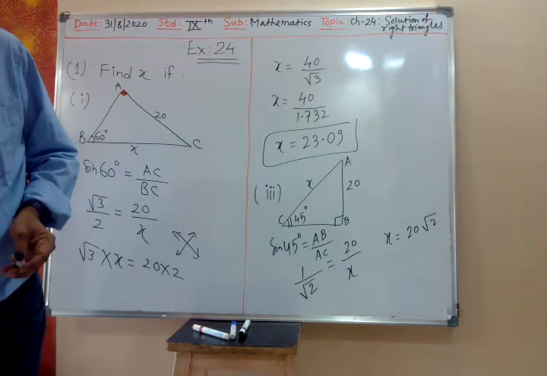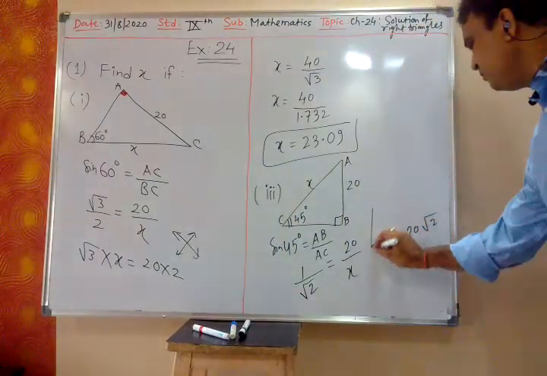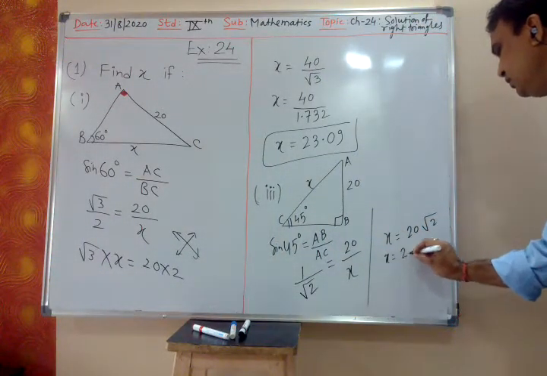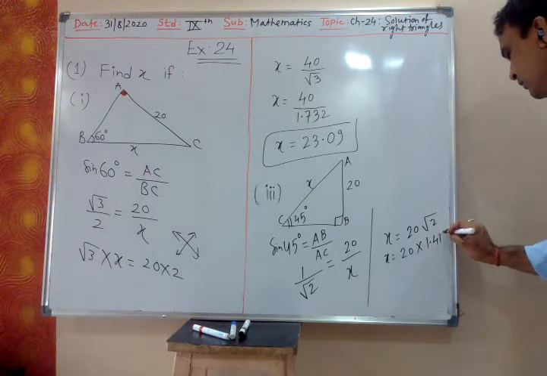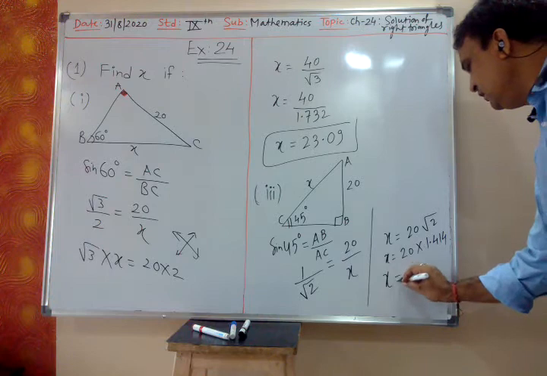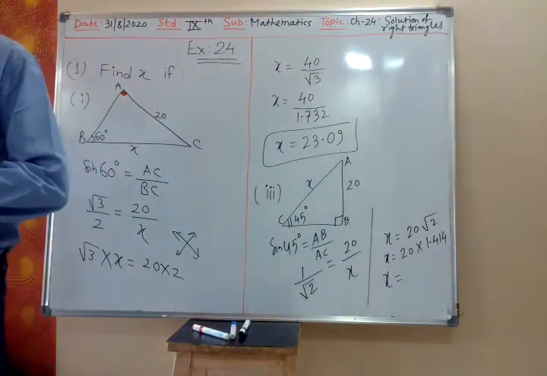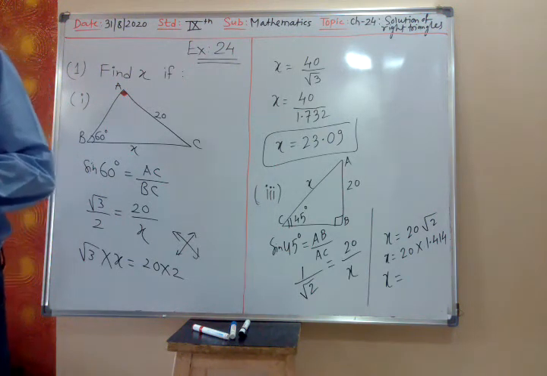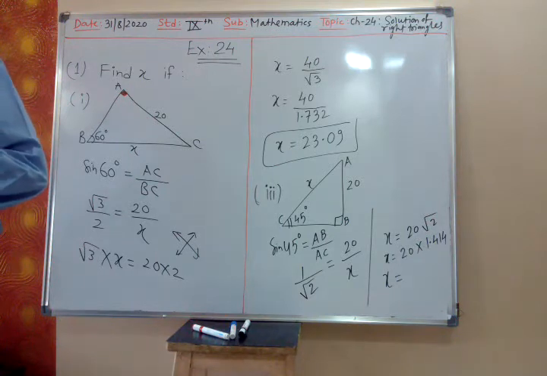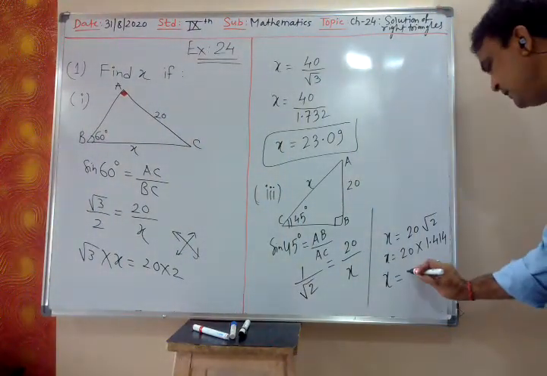x is equal to 20 root 2. Root 2 is 1.414. These values you have to remember. x is 20 into root 2, that is 20 into 1.414.